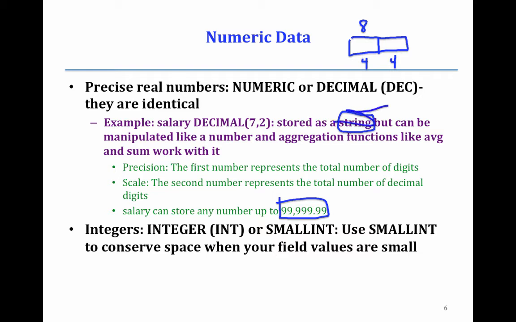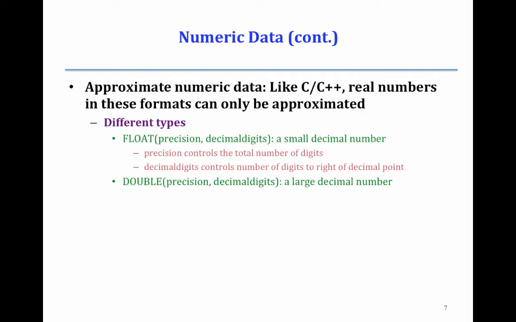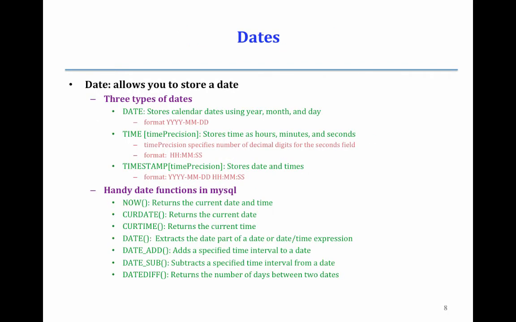Okay, so that's just the thing I wanted to point out there, and I'll let you read the other things. So dates, there are 3 types of data types for date and time.